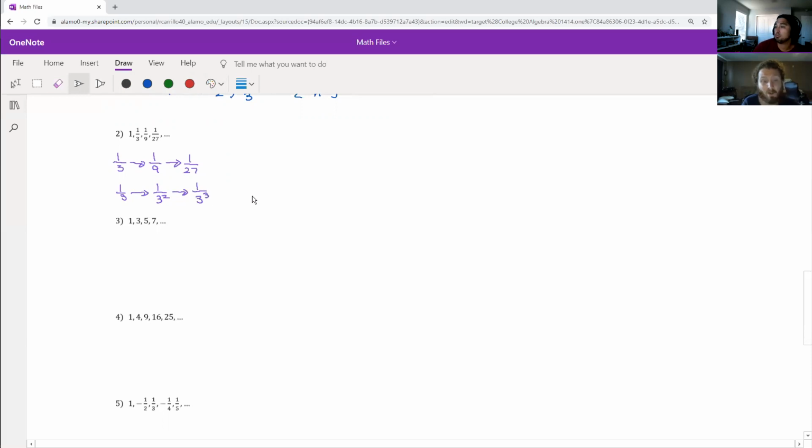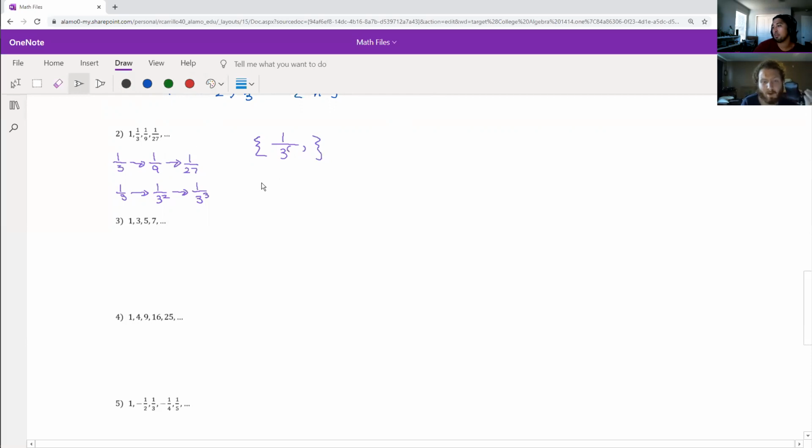So it seems like whatever I have in my sequence, the bottom part is 3 being raised to something. If I have to get 1 out of the first number, it seems like the numerator doesn't change. So I think my sequence might be 1 divided by 3 raised to some n, because the top isn't changing at all.